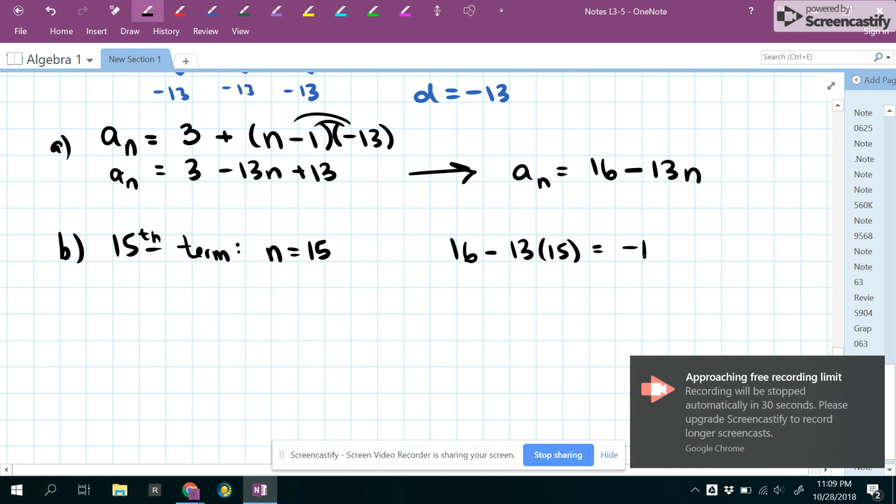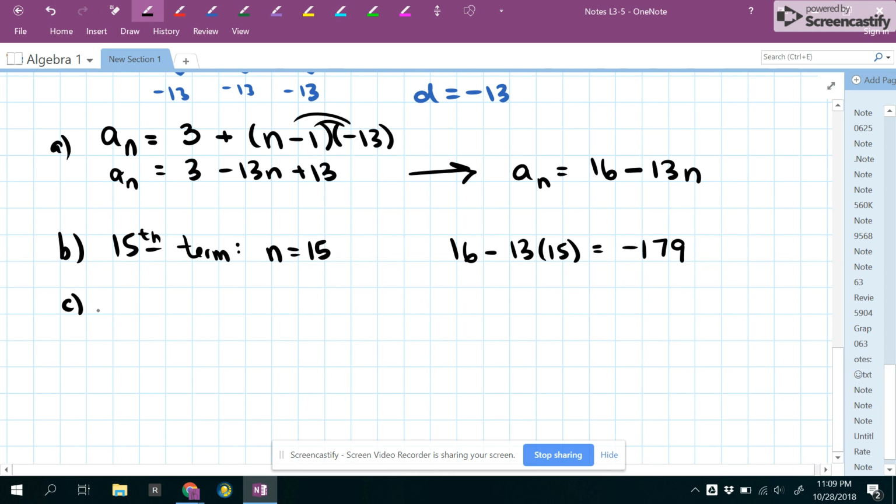Grab a calculator, do some math. You should get negative 179. And then the last idea is if you know a term, you should be able to figure out which term it is in the list. So please solve this problem to find n.